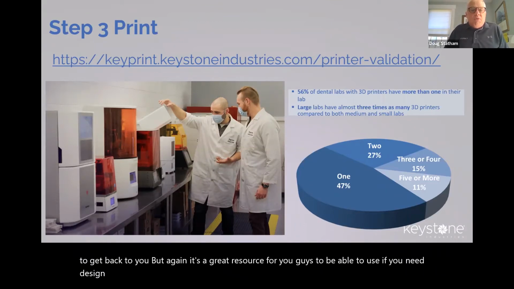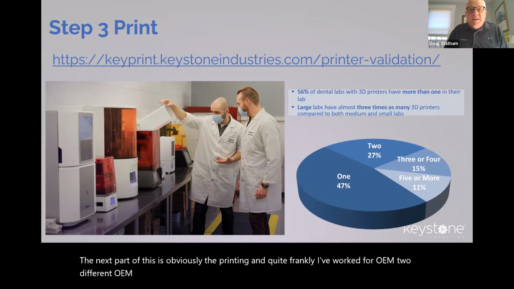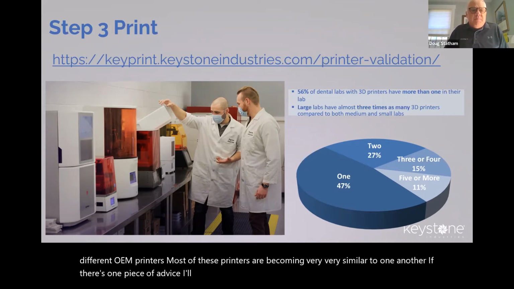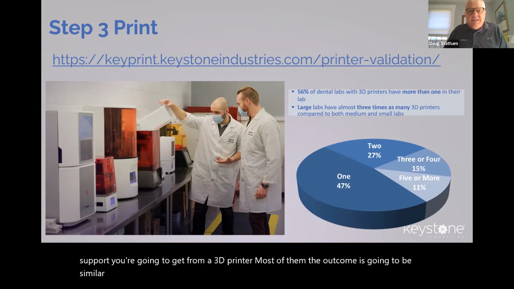So the growth on this is significant, and you can see here 11% of the dental lab population out there has 5 or more printers. And really the landscape there looks like, you know, they might have one big production printer for models, but then they're going to have a variety of printers for different applications, whether it be night guards or surgical guides or some of the other applications that are available today.